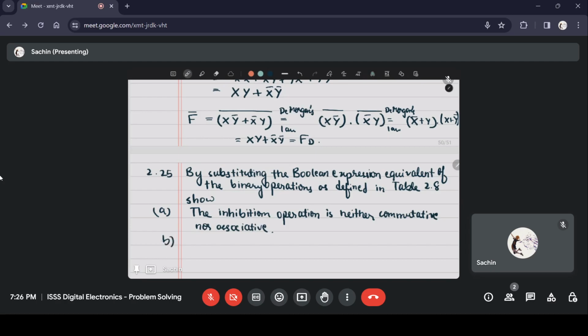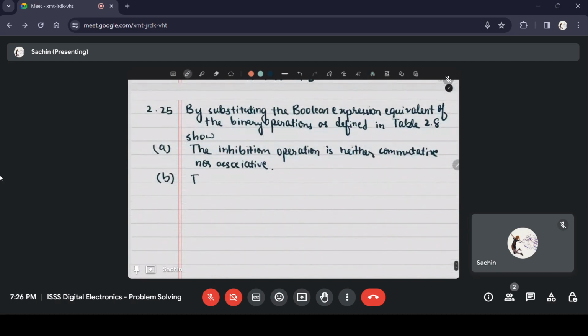Part B, the exclusive OR operation is commutative and associative.